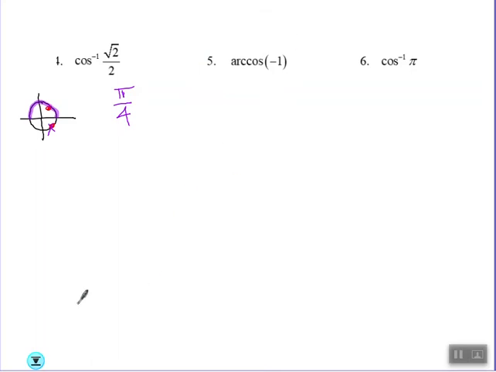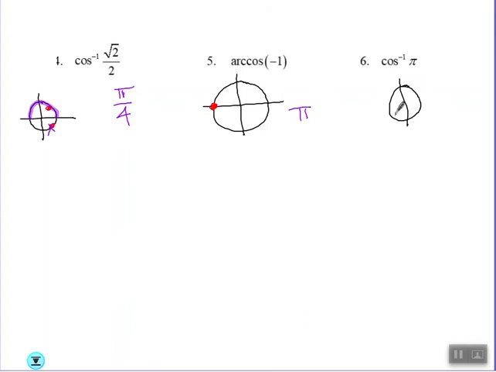If we want to find arc cosine of negative 1, we want to know where on the unit circle is cosine negative 1. Well, x is only negative 1 at one point, and that point is pi. So this is just pi. Next, we have inverse cosine of pi.